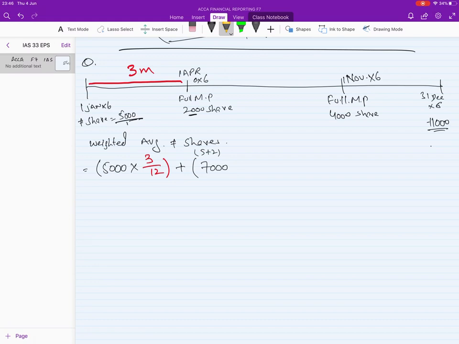So how many months is it outstanding? These are outstanding from April till October: April, May, June, July, August, September, October. 7 months. So you have to take the effect of 7 months.